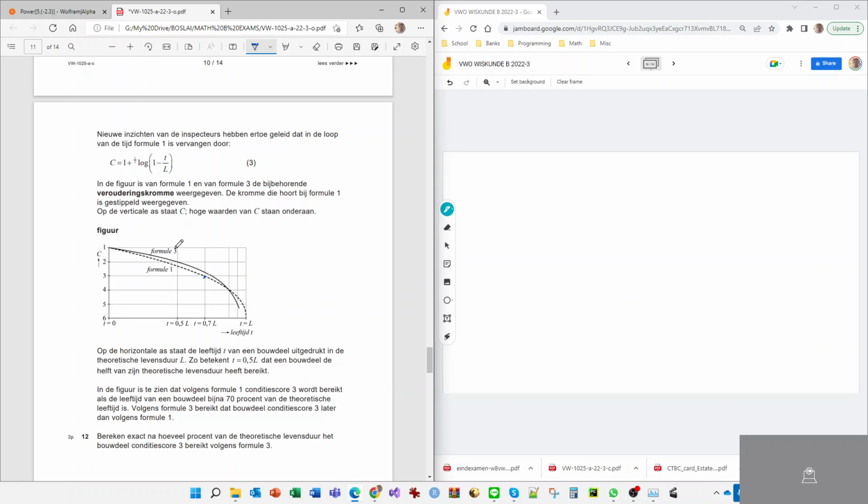But for equation 3, that happens a little bit later. Will be this point. And now calculate when that happens as a fraction of capital L.